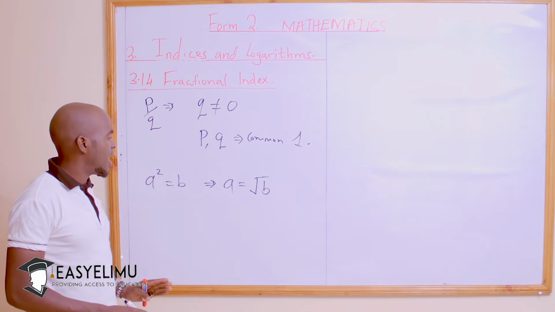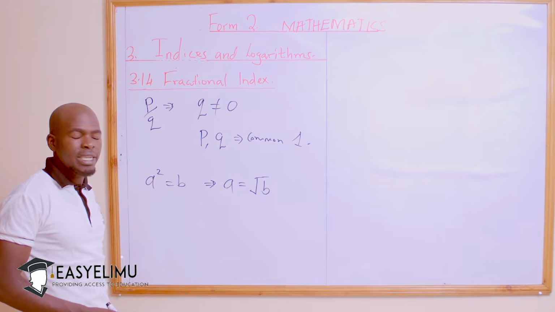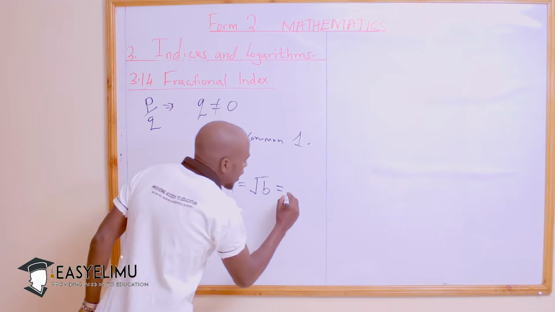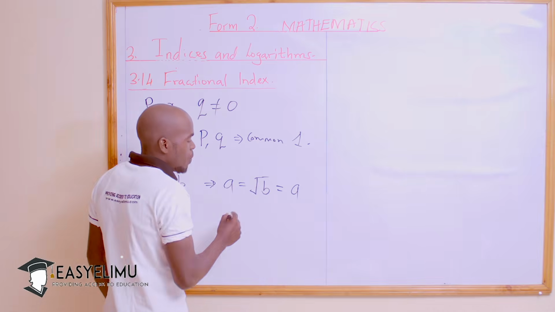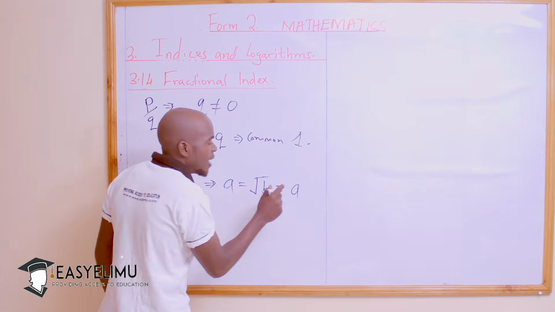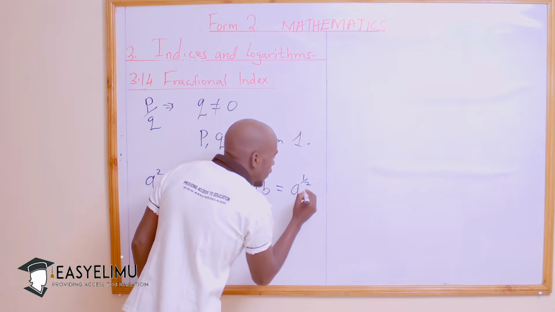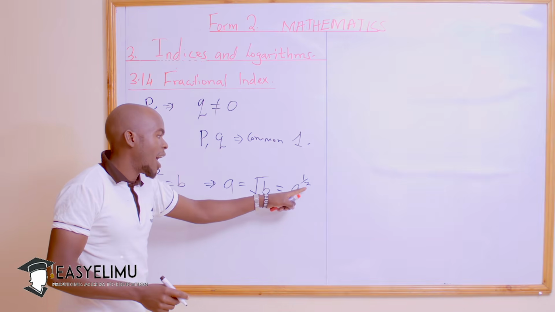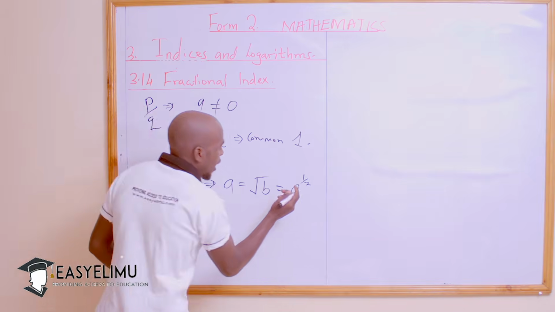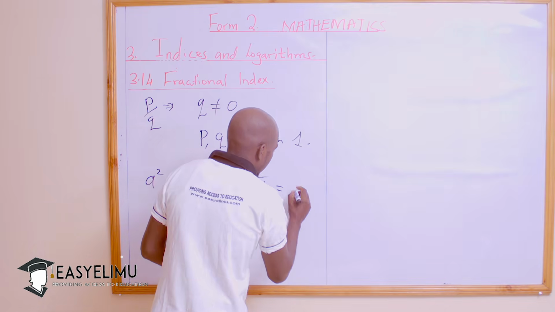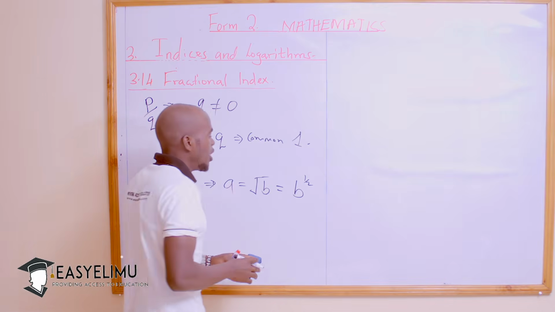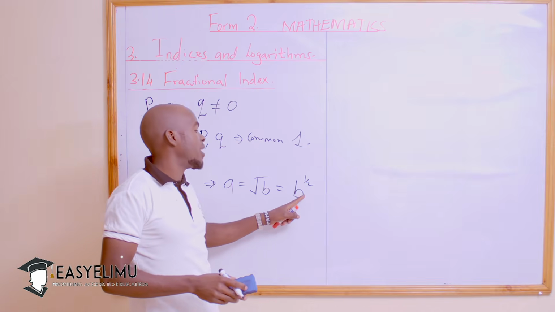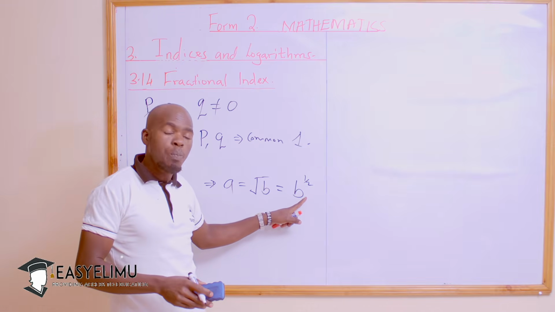It simply means that this can be rewritten further by saying that a can be obtained by taking b, but now this square root is the same as writing 1 over 2. The 2 implies that we have to find the square root of b. So in case you want a, you have to find the square root of b.